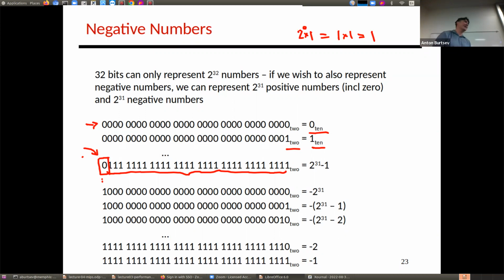Another ugly property of this representation is that you will have 2 zeros, one negative 0 and one positive 0, because if all of those bits are zeros, whether you put 1 or 0 here, it's still 0, according to your representation. That's also ugly because even for comparison with 0, you need additional circuitry to disregard the bit.